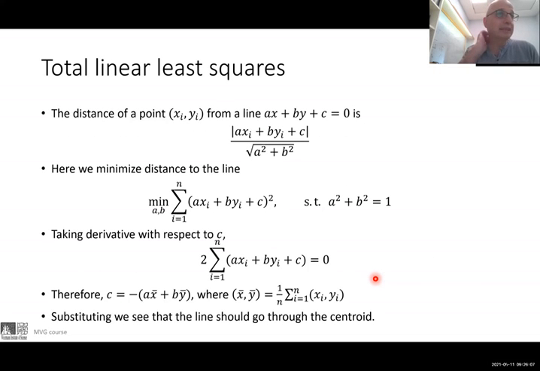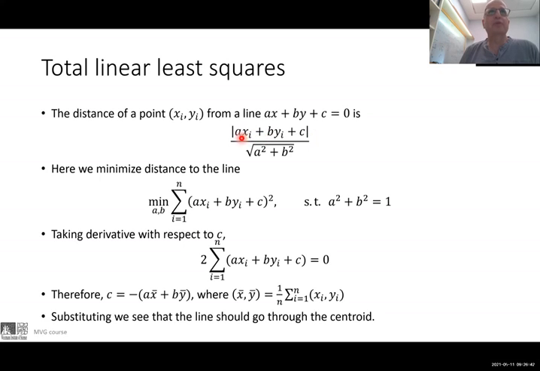And so what is the distance of a point from a line? We just plug the point into the line. It should be hats here, actually. If we want the distance of x̂i, ŷi from the line, we plug into the line equation, a xi plus b yi plus c, and take the absolute value.